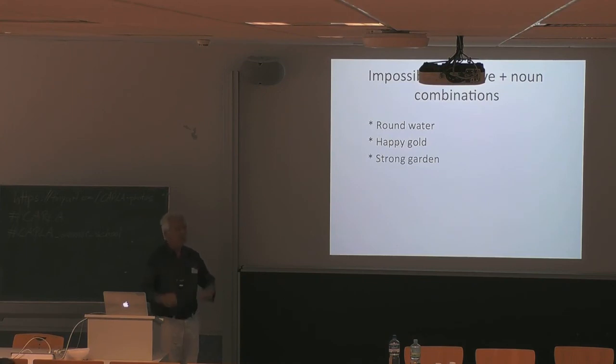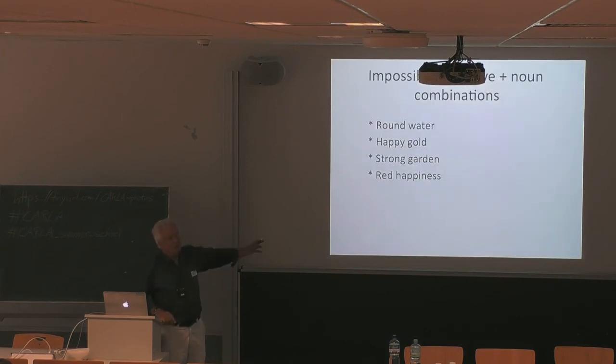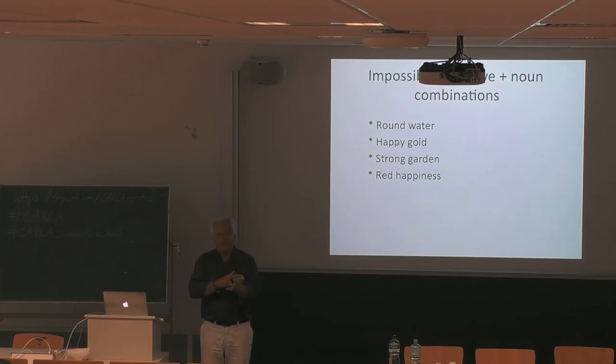You can't talk about a strong garden. A garden is a place, and it can't exert any force. You can't talk about red happiness because happiness doesn't have these properties. Of course, there are metaphorical uses of this. But basically, given this categorization of nouns in terms of what domains they allow, what domains they require, and what domains they prohibit, I can make empirical predictions about what adjective-noun combinations you will not find in languages.